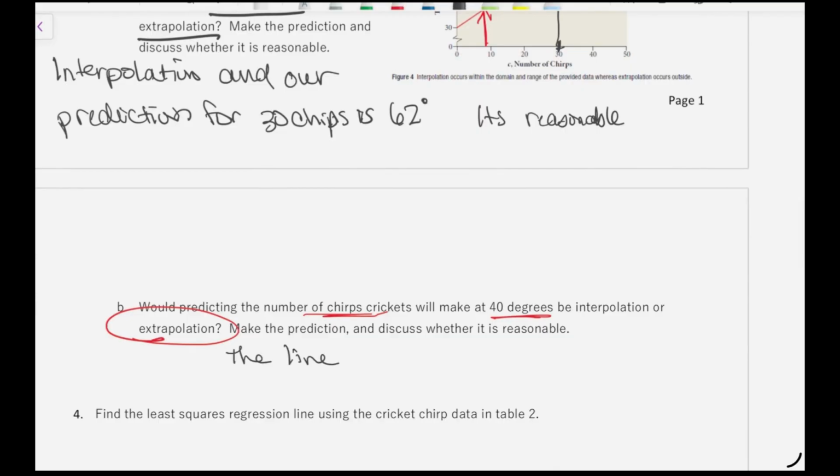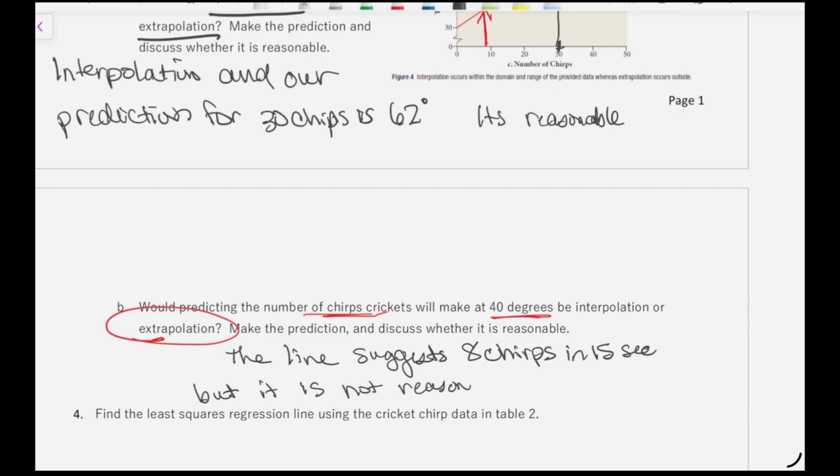The line suggests 8 chirps in 15 seconds, but it is not necessarily reasonable, because it's outside of our domain area or our range of area.